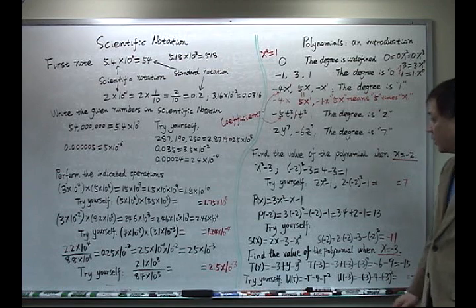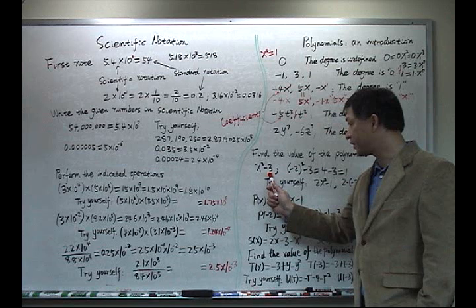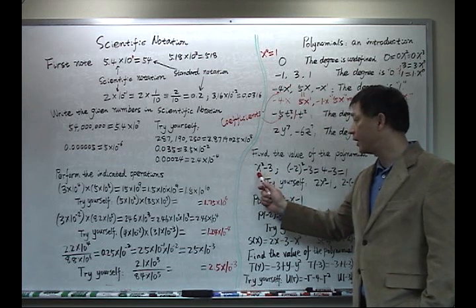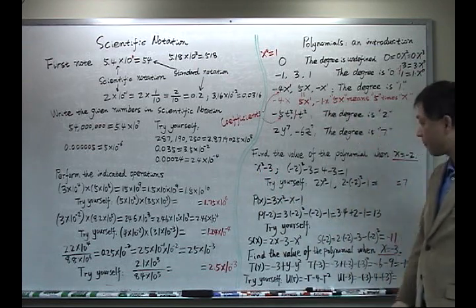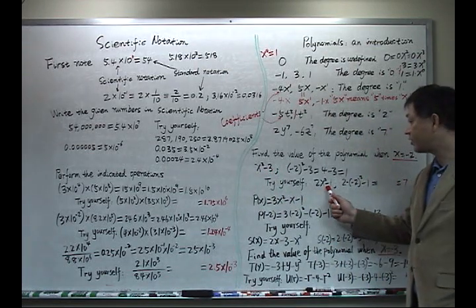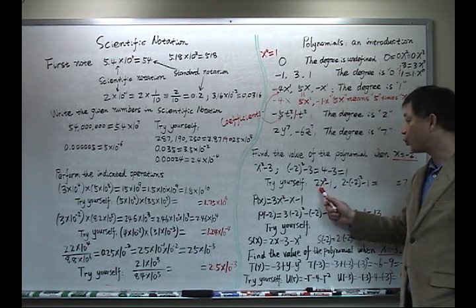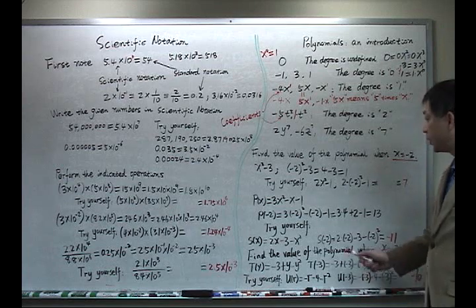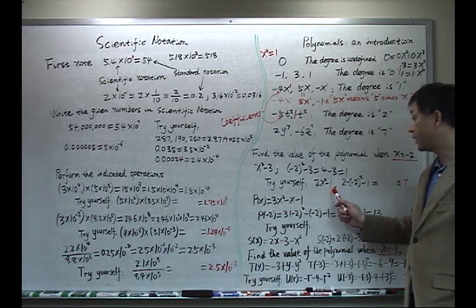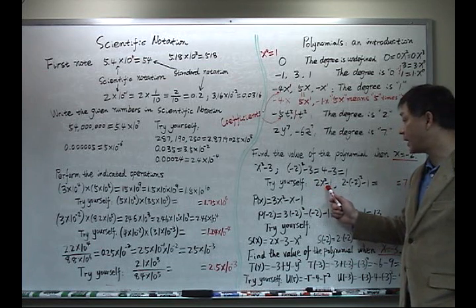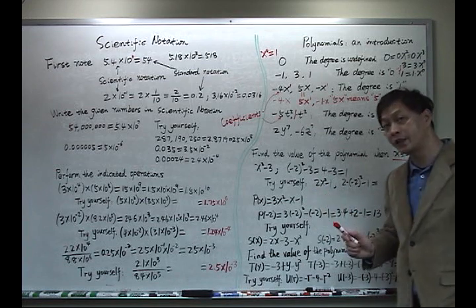Here the minus separates those two terms. In this case, we say this polynomial is a binomial. Again, the negative sign separates two terms. 2x squared is one term because all of them are multiplied with each other. Negative 1 is separated by the negative sign from 2x squared.